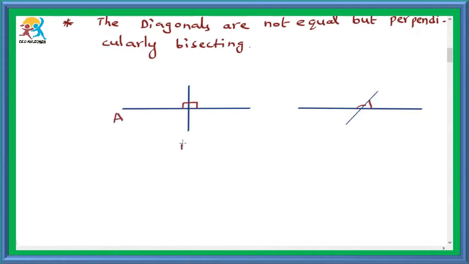So, it is A, B, C, D. In this, OA is equal to OC and OD is equal to OB.